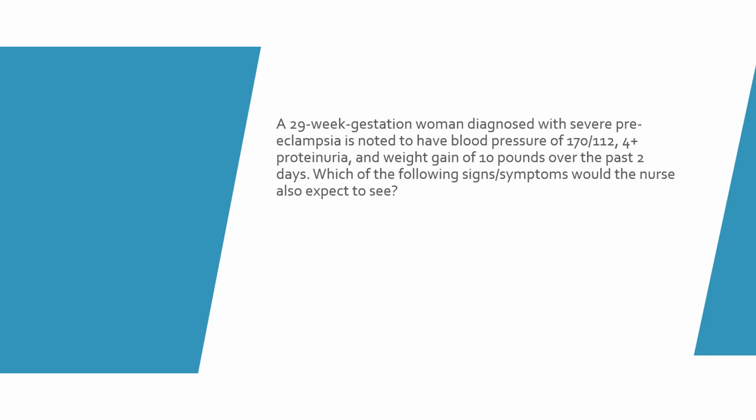Which of the following signs and symptoms would the nurse also expect to see? 1. Fundal height of 32 centimeters. 2. Papilledema. 3. Plantar reflexes of +2. Or 4. Nystagmus.